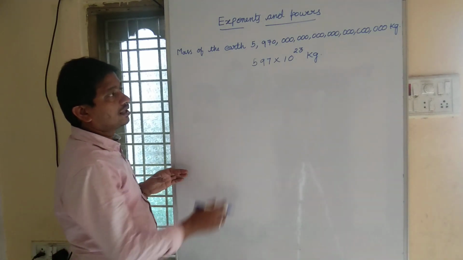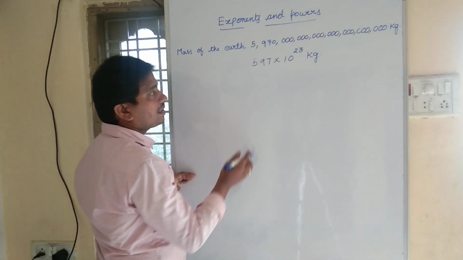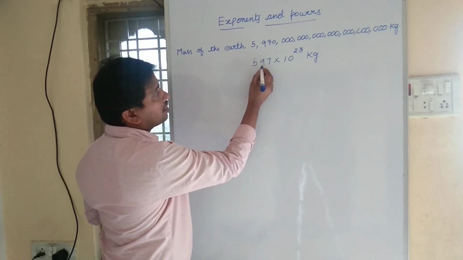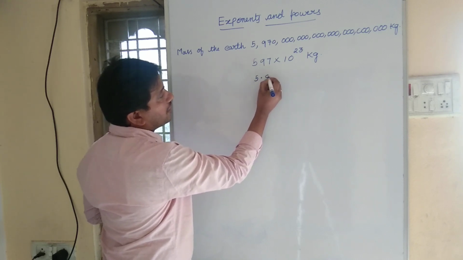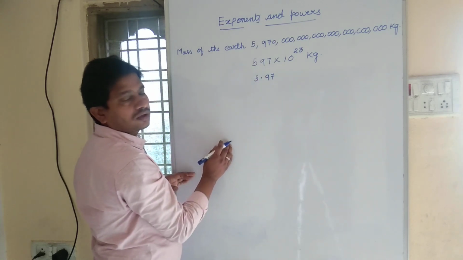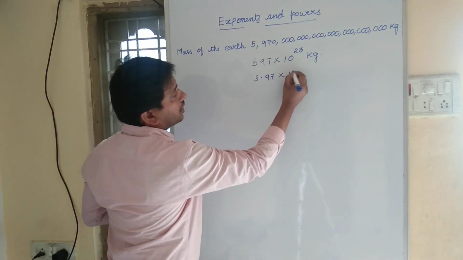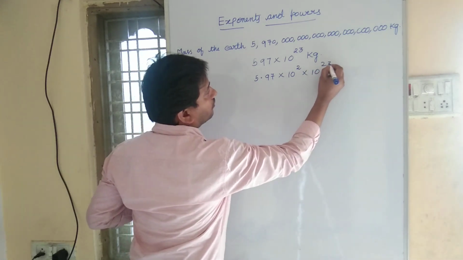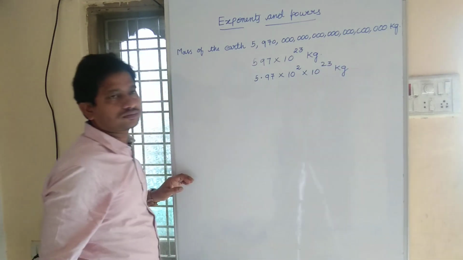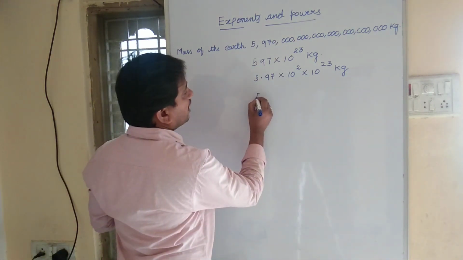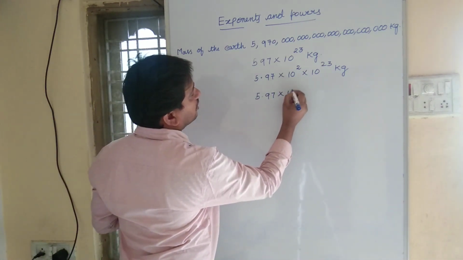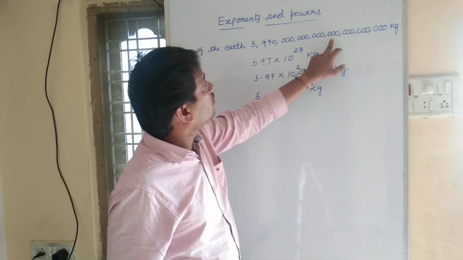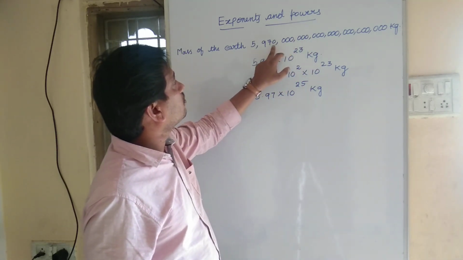So let us write this in standard form. A decimal point always lies between the ones and tens. So it will become 5.97 into 10 to the power of 23 kgs. 1, 2, 3, 4, 5, 6, 7, 3 is 21 plus 1, 22, children.